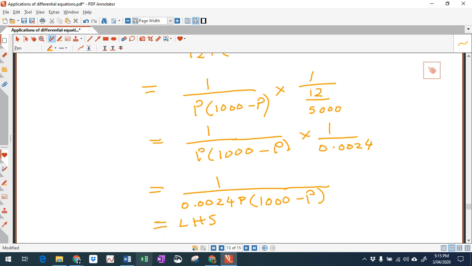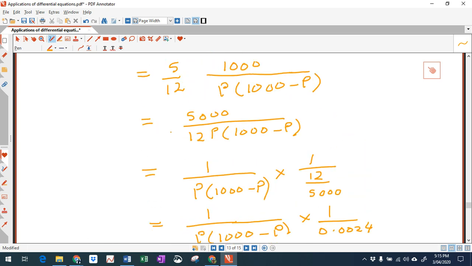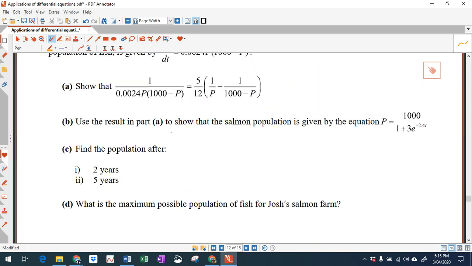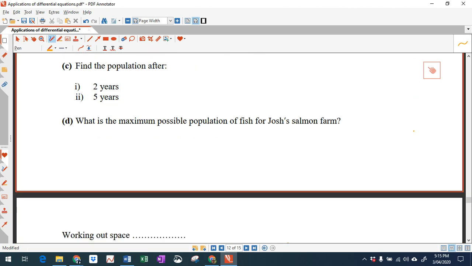All right, now part B. Let's go back to part B now. So let's use the result in part A to show that the salmon population is given by this. Now you can see the exponential in this. That means we're going to have to do some sort of separation of variables here.